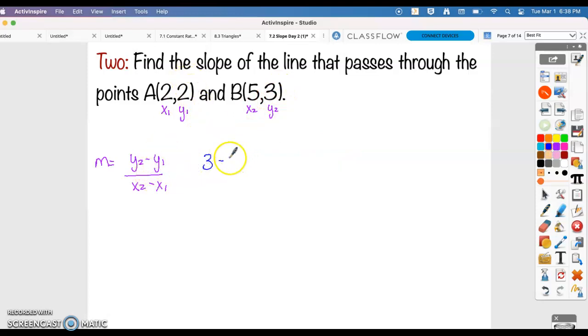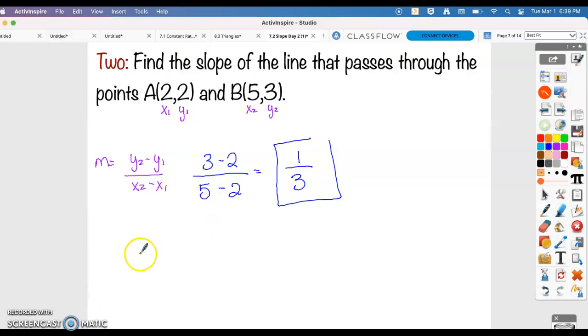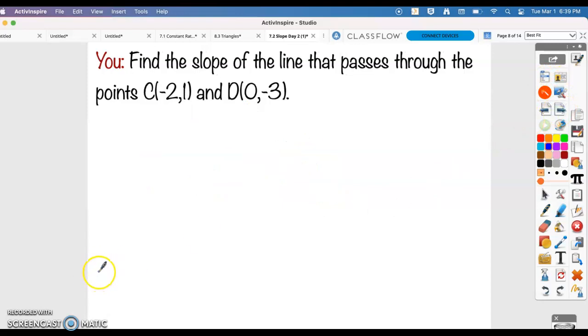My y1 is 2 over my x2, which is 5, minus my x1, which is 2. 3 minus 2, 1. 5 minus 2, 3. 1 over 3. So this graph would be positive. It's going up 1, right 3. That's your common difference. That's your rate of change. That's your slope.